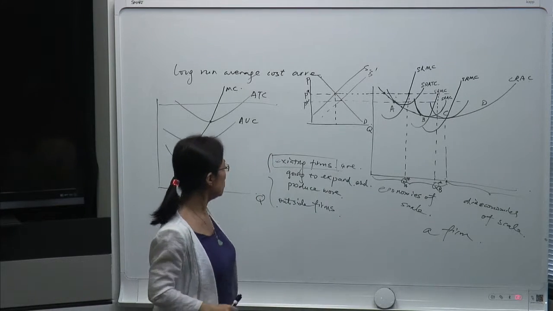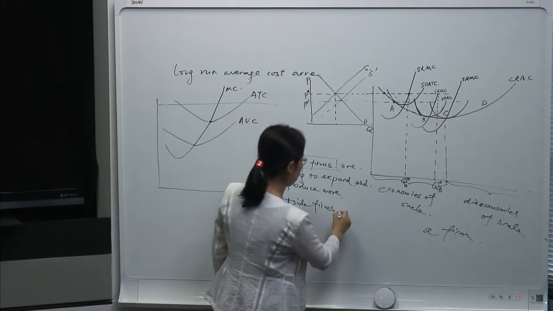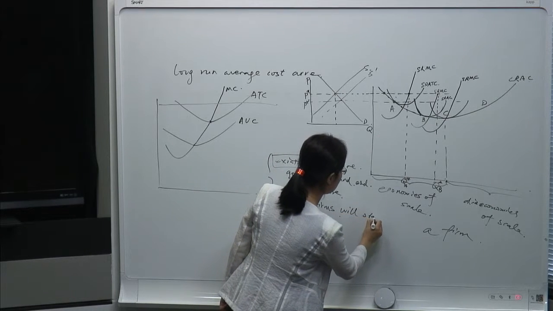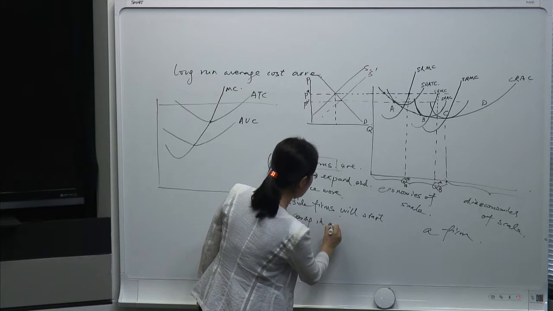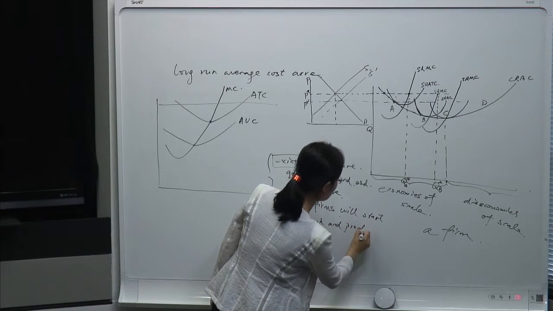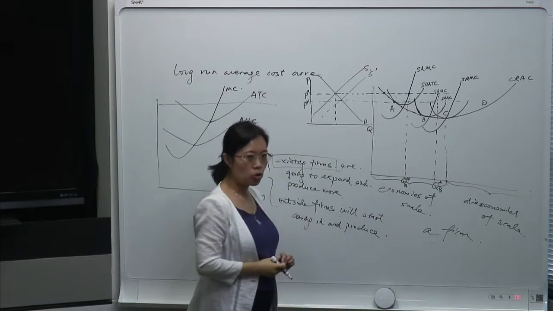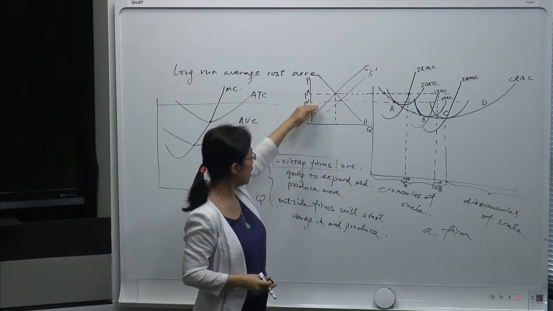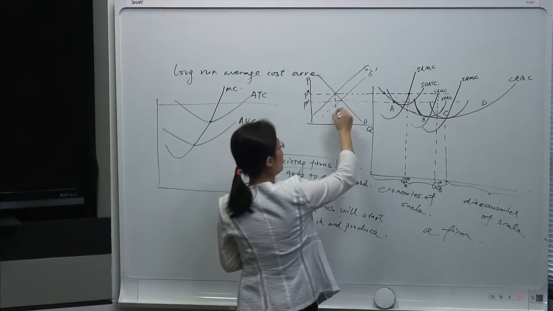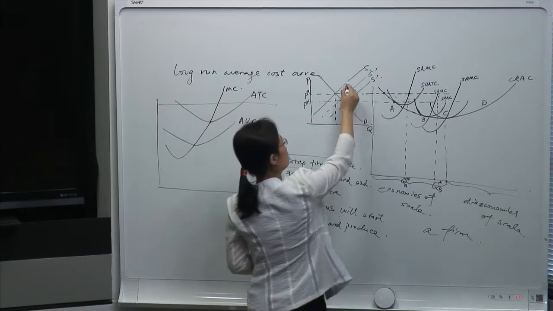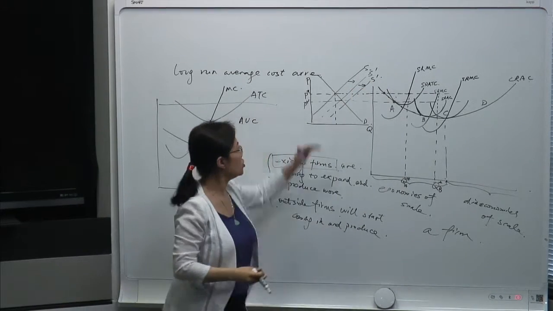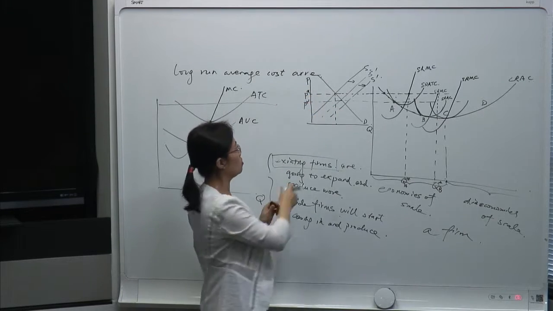So outside firms will start coming in and producing. And that also puts pressure on the price, because that will make the supply curve shift to the right even more. And that will push the price even lower.